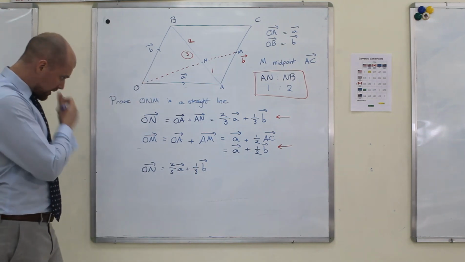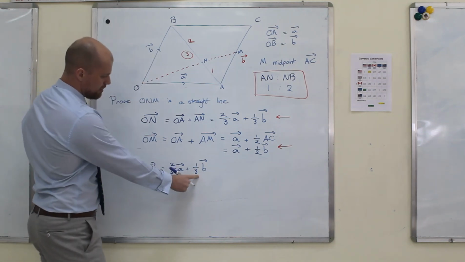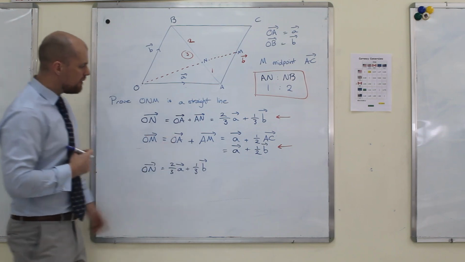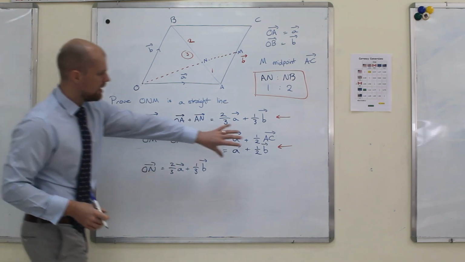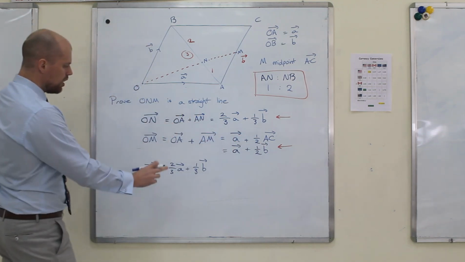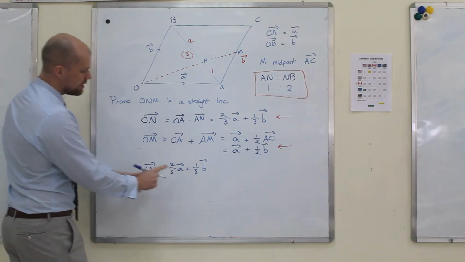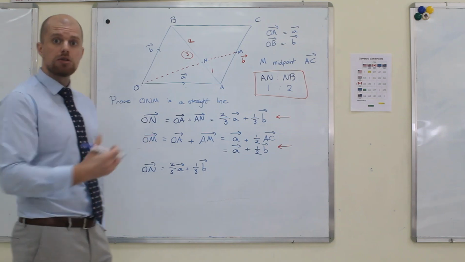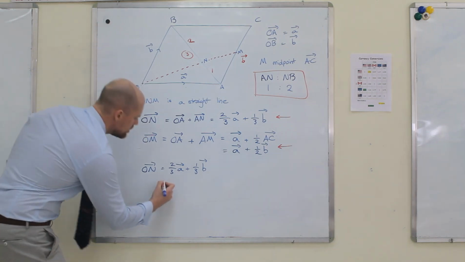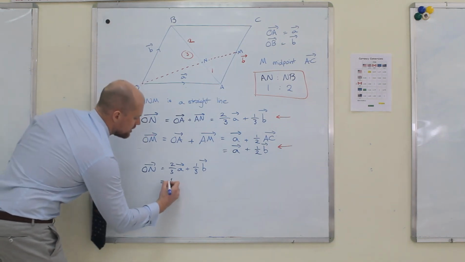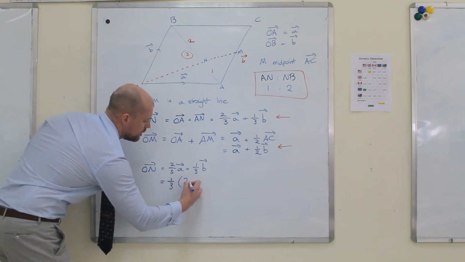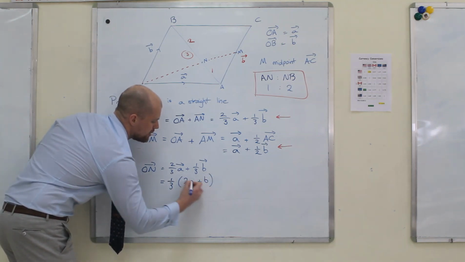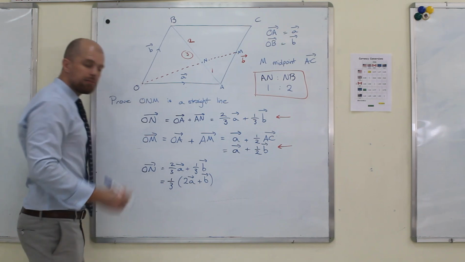Now, I'm going to take a third outside the brackets because you can see it's common to both of them. If you're comparing this and this, you need to look at what you can factorize so that they become the same, okay? Or at least one's a scalar multiple of another. So if I take 1/3 outside the brackets to start with, you'd have 2A plus B. And now we're getting pretty close.